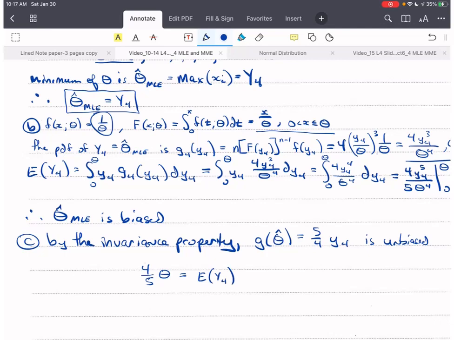If we set this equal to y4 and solve for theta, this is true if theta equals 5/4 y4. And this is how we're using the invariance property here. So make sure you show this.